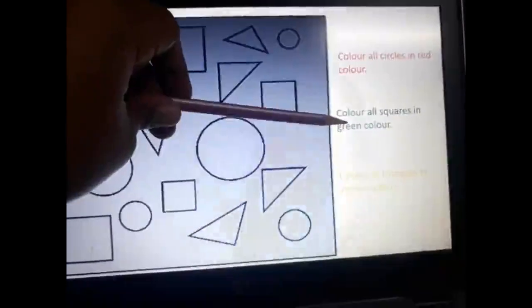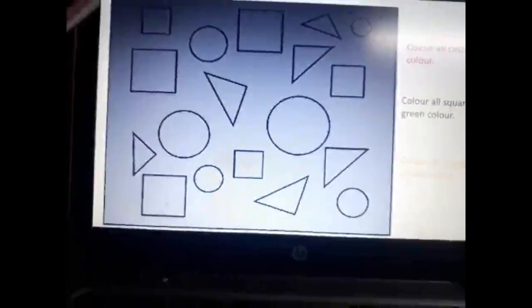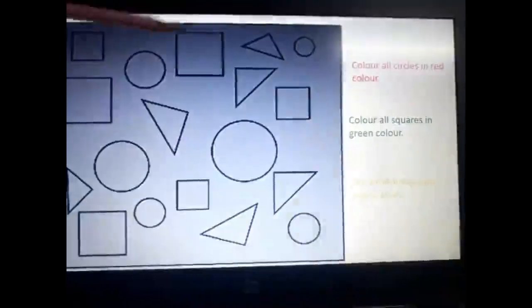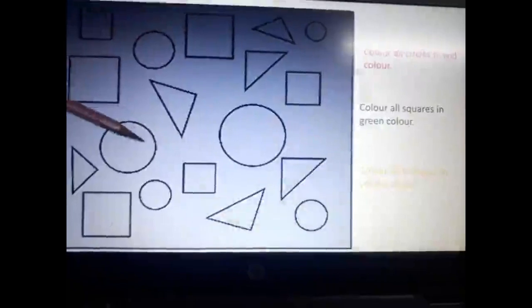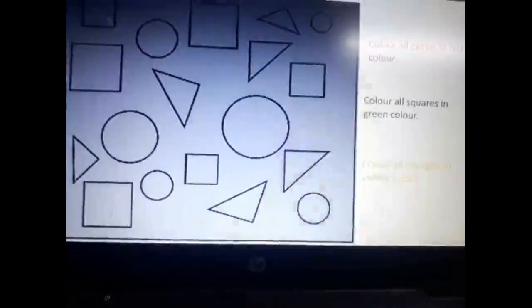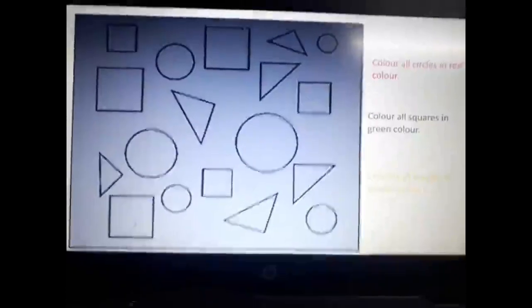Color all squares with green color and all the triangles in yellow color. तो इसमें आपको सारे जितने भी squares हैं, big या small, which color? Green. For circle, either small or big or whatsoever, circle shape, red color, and all the triangle shapes with yellow color. You have to do it. Is that clear to all? Okay, bye.